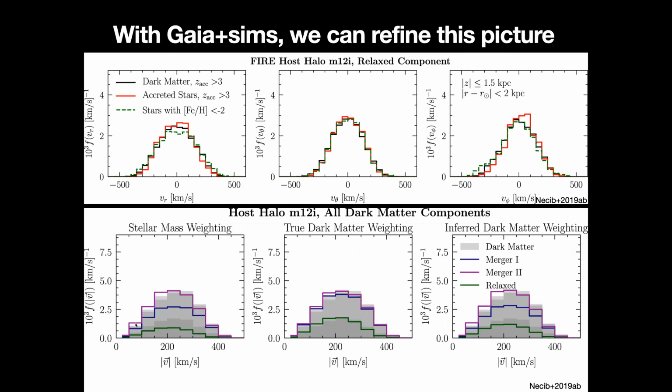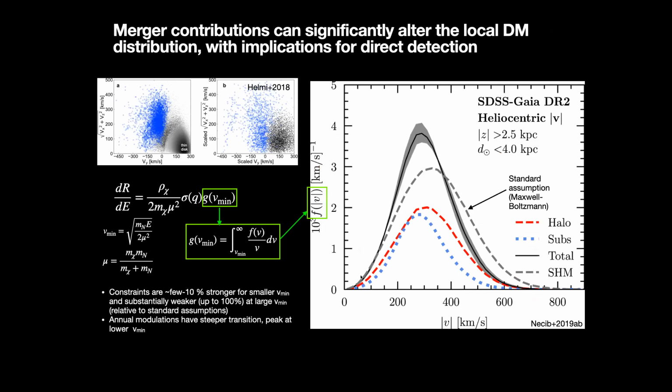So you have to reconstruct these mergers in order to understand the full local dark matter distribution. And we have one of these in the solar neighborhood, which I just showed you. So if you apply the same sort of reconstruction technique, which relies on scaling relations between the stellar mass in a galaxy and its dark matter mass, then you find that the expected velocity distribution of the local dark matter is significantly different from the standard Maxwell-Boltzmann assumption.